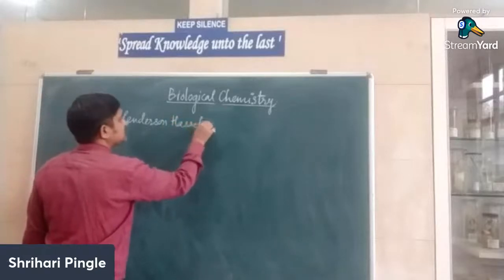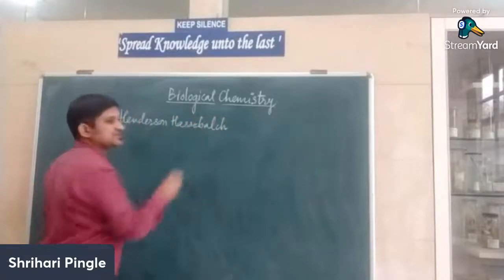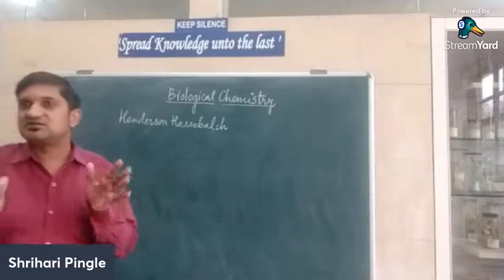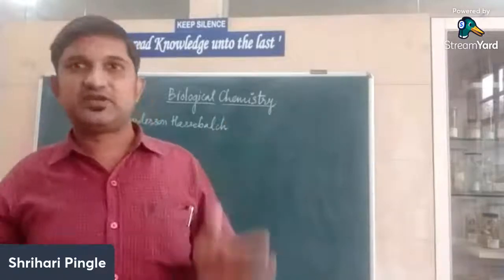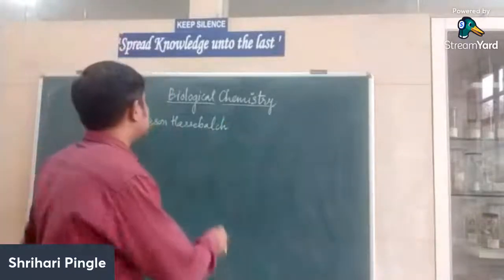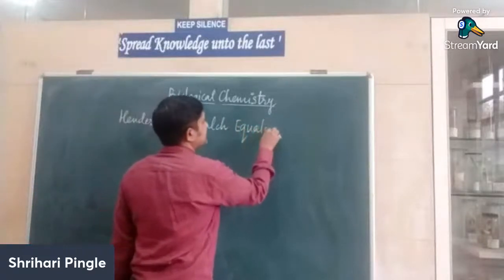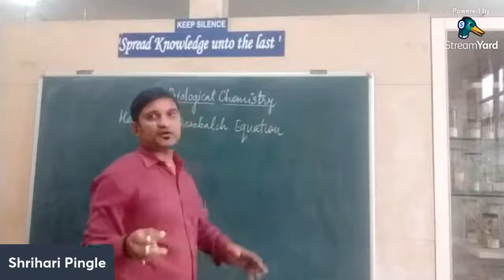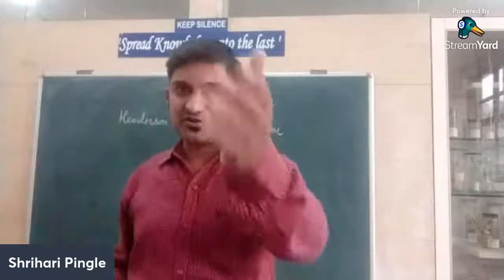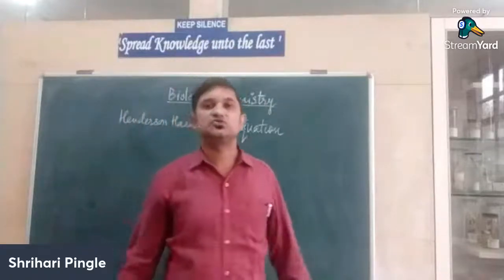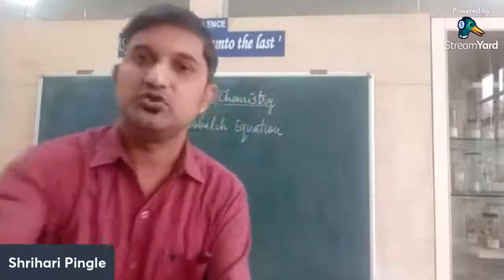Hasselbalch. Look at the spelling. This is a tricky spelling that we have. The Henderson Hasselbalch equation is what we will be talking about again for the sake of your understanding and for the sake of students who are there on the YouTube channel.